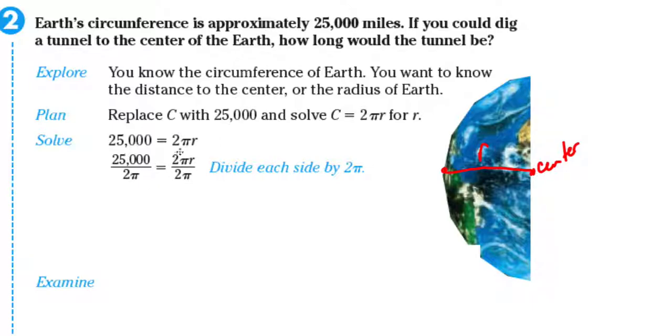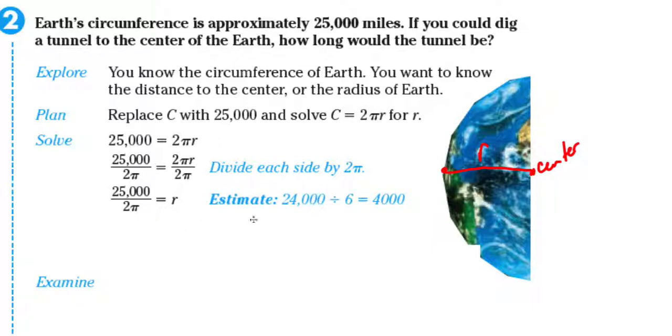In order to solve for the radius, we need to undo 2 pi. 2 pi r means 2 times pi times r, so we need to divide both sides by 2 pi.